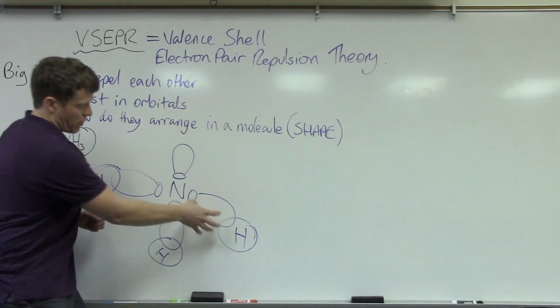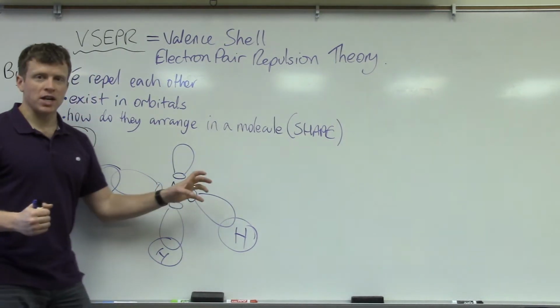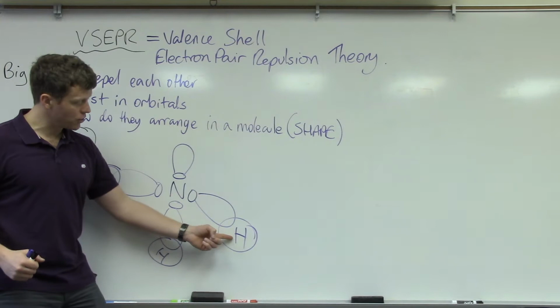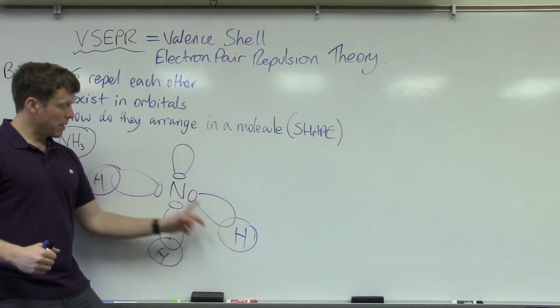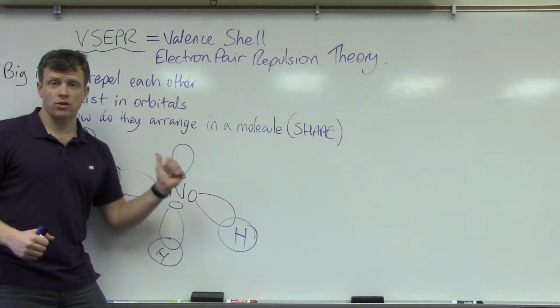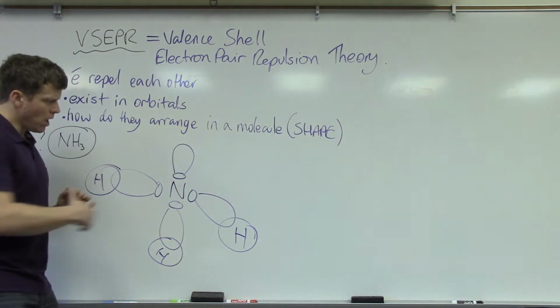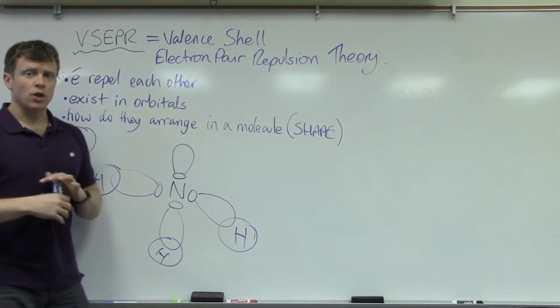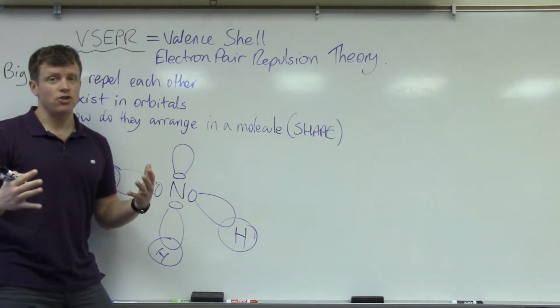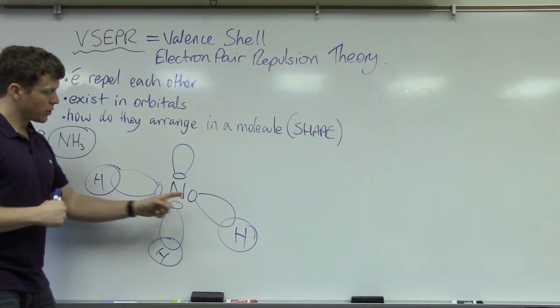That pair of electrons is experiencing attraction from both the hydrogen nucleus and the nitrogen nucleus. Admittedly though, it's being pulled more towards the nitrogen because nitrogen is more electronegative. But that pair of electrons is being pulled in between those two. Because of that, it has slightly less energy, so it takes up less room.